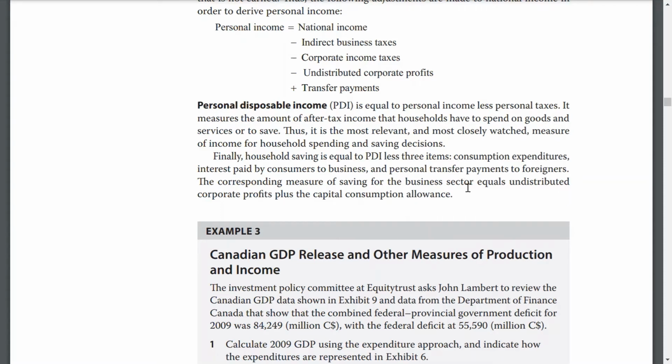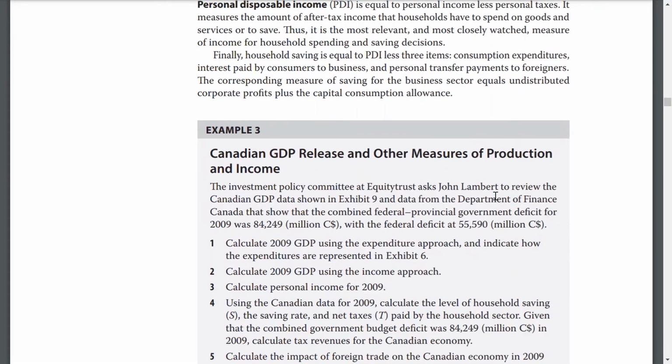Finally, household saving is equal to PDI less consumption expenditure, interest paid by consumers to businesses, and personal transfer payments to foreigners. The corresponding measure of saving for the business sector is equal to undistributed corporate profit plus the capital consumption allowance.